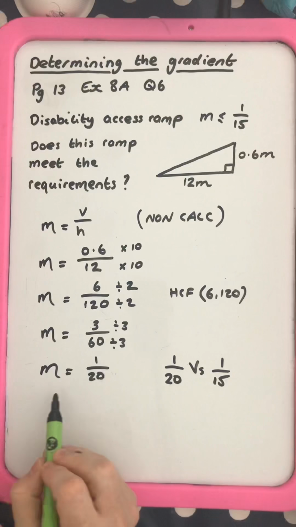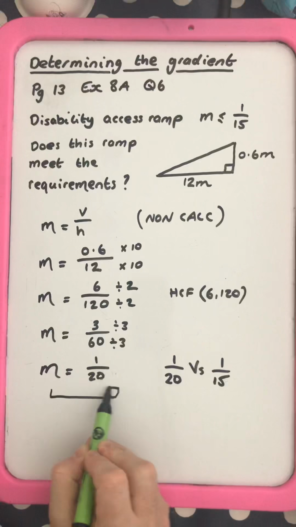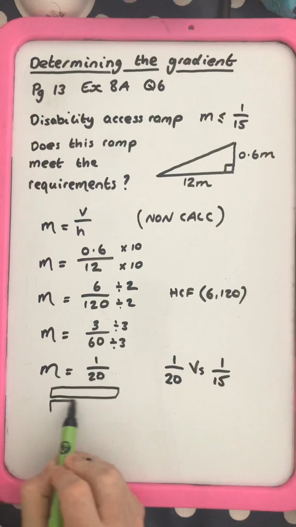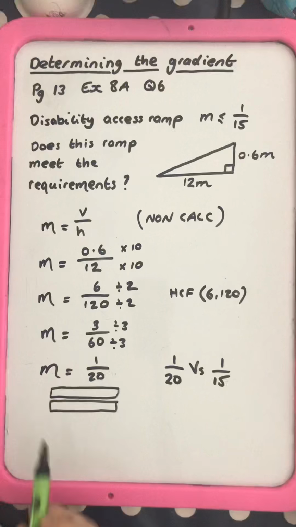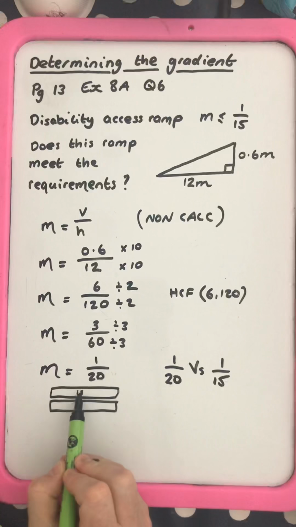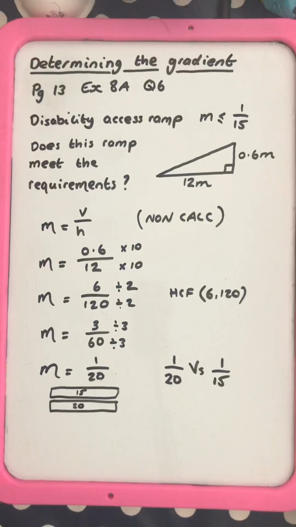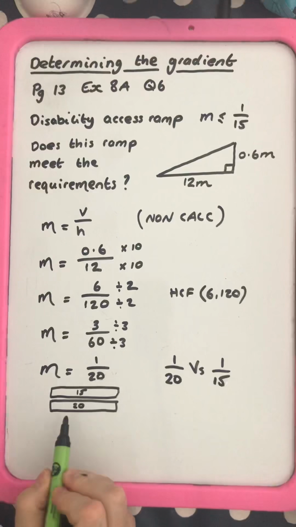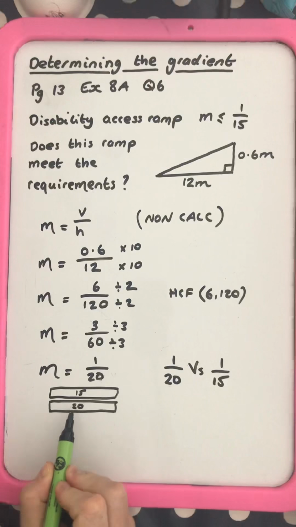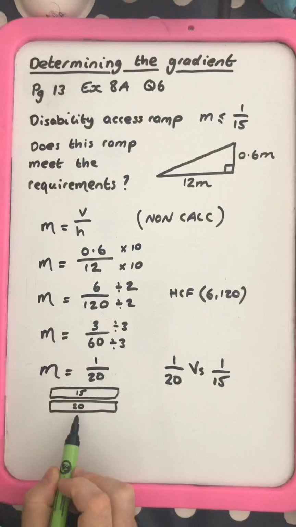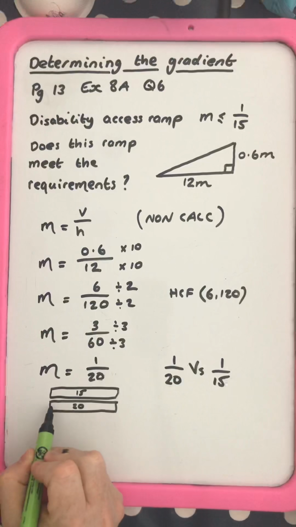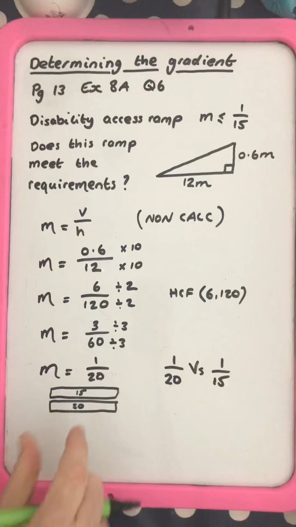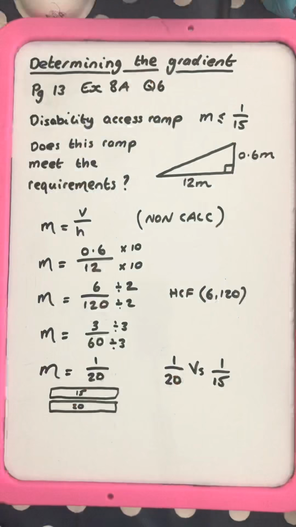You could look at 1 unit for both of them and split one of them up into 15 equal parts and one of them up into 20 equal parts, and then have a think visually, well, if that's getting split up into 20 equal parts, that's surely going to be smaller, right? So this is definitely less than 1 over 15.